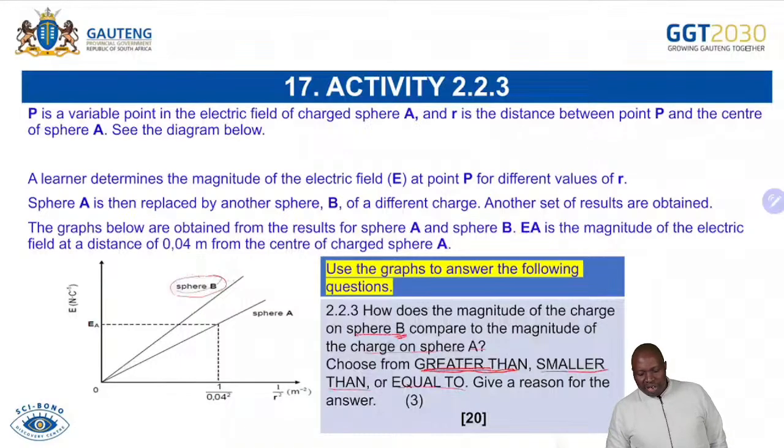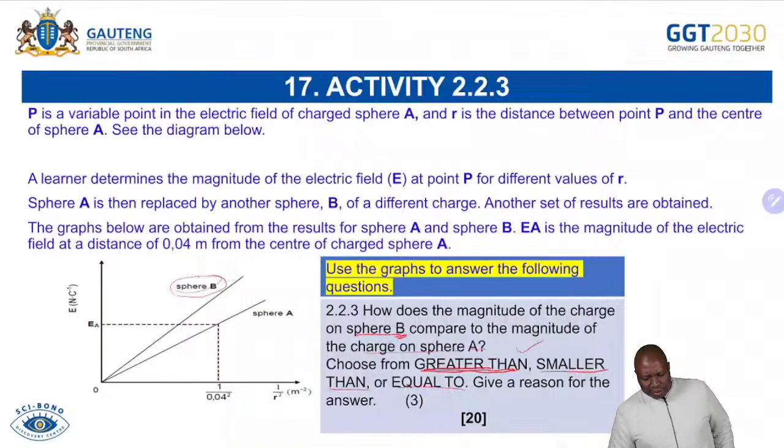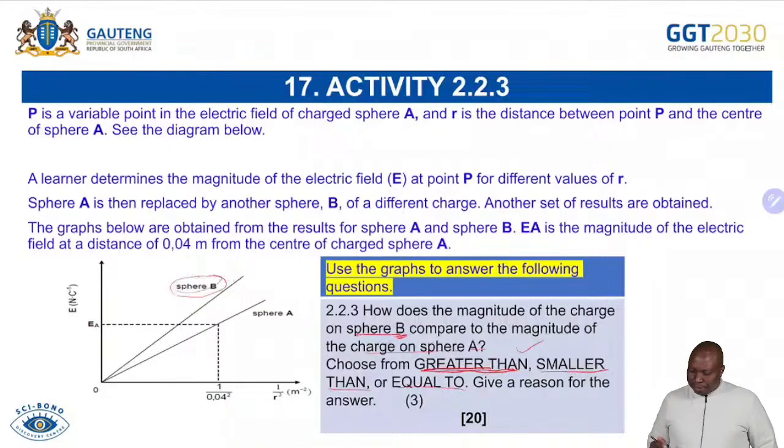Then they're saying give a reason for the answer. Remember, you're getting 1 mark for saying the charge is greater than. So what will be the reason? The reason will be that if you check, the gradient here is becoming steeper. It's moving in that direction.